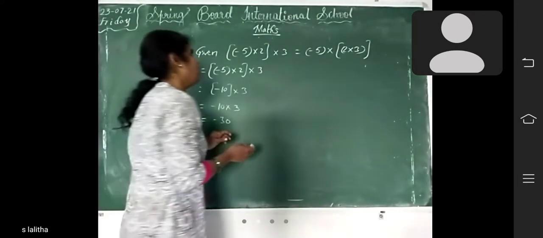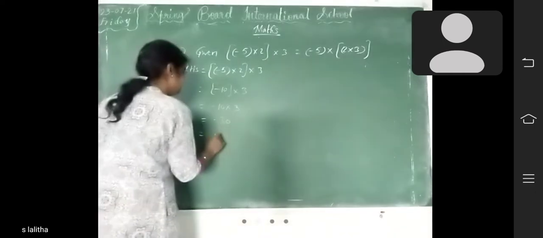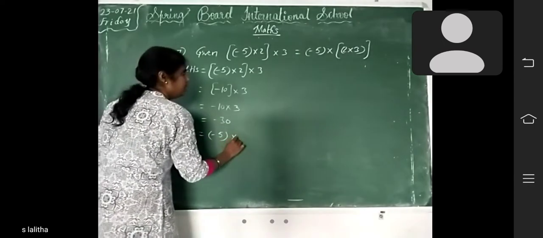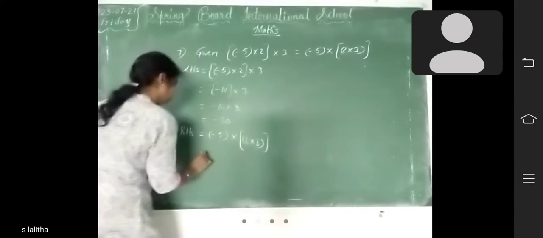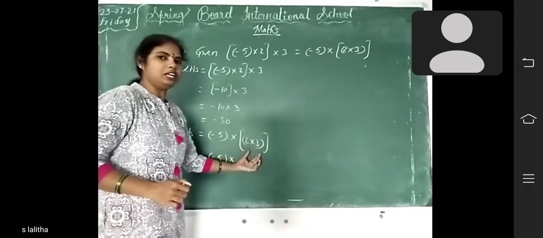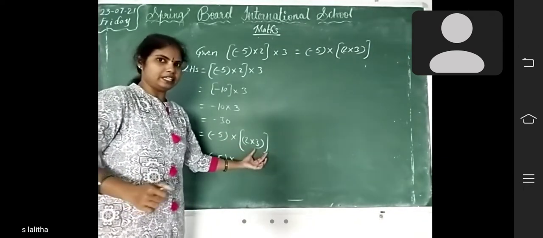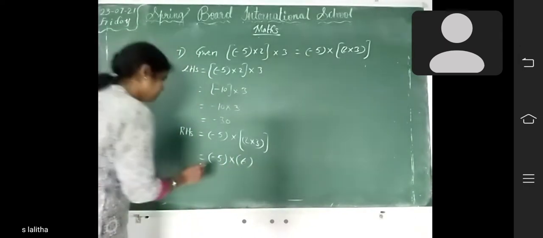Now take RHS. What is the RHS? Minus 5 into (2 into 3). First you should multiply the second and third integers, that is 2 threes, how much? 6.